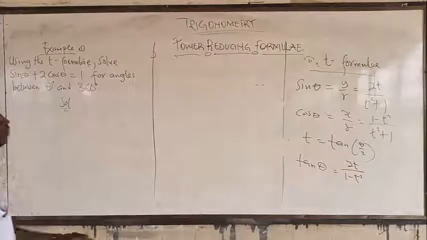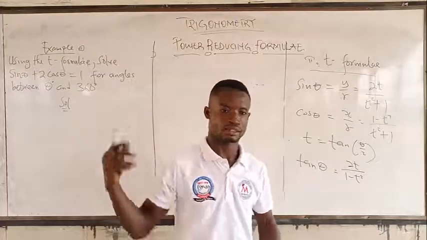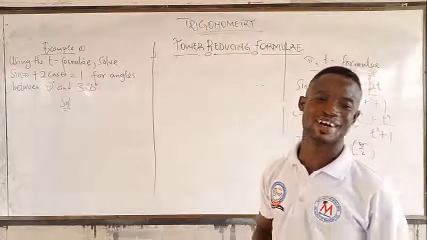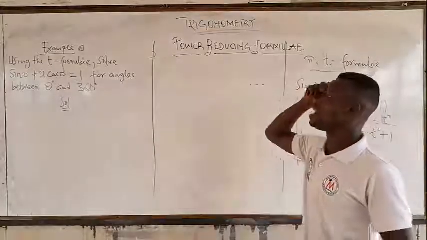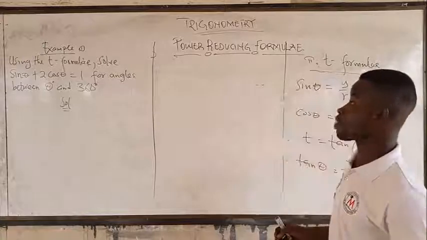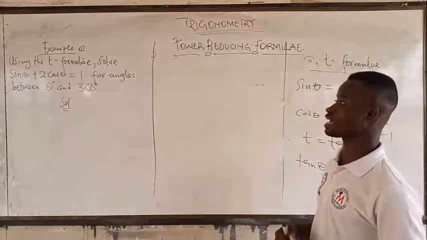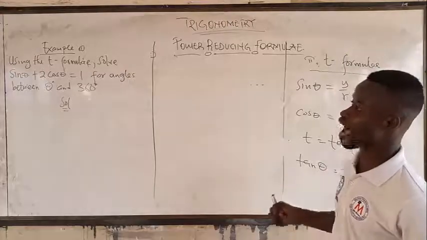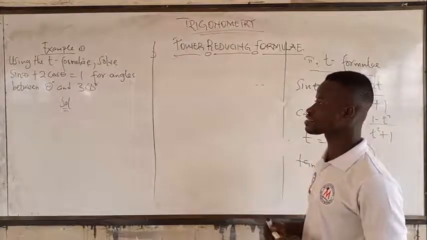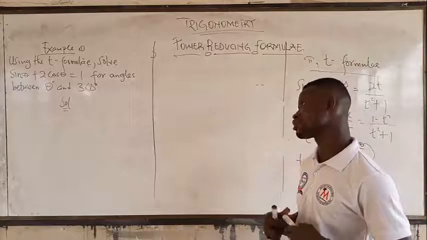Alright, so we have our formulas here and our first question on the board. Using the key formula, solve sine theta plus 2 cos theta is equal to 1 for angles between 0 degrees and 360 degrees.